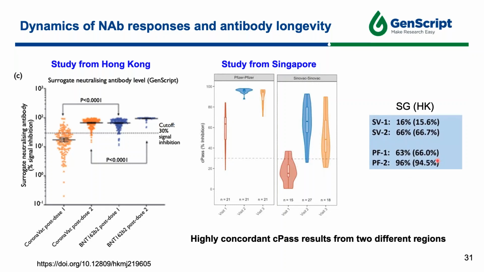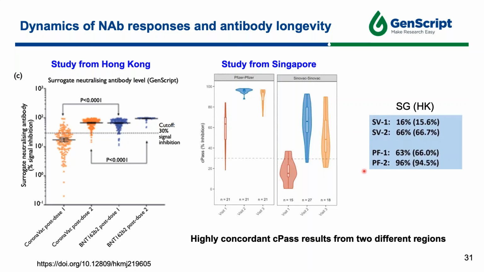So the value is also very close for the Pfizer vaccines. So this means that the cPass can be used as a standardized assay to evaluate protective immunity arising from vaccination.